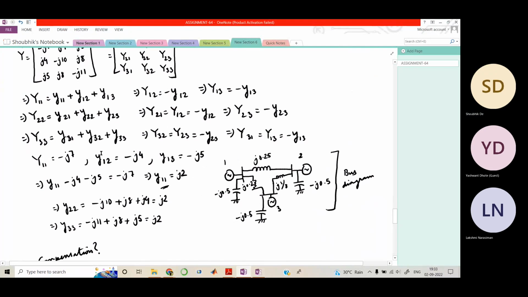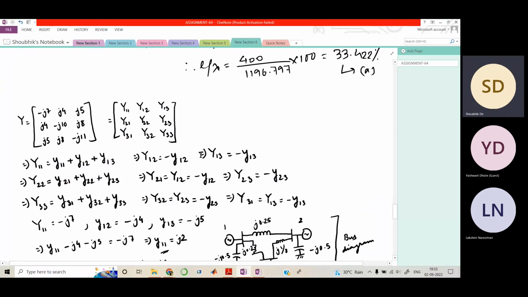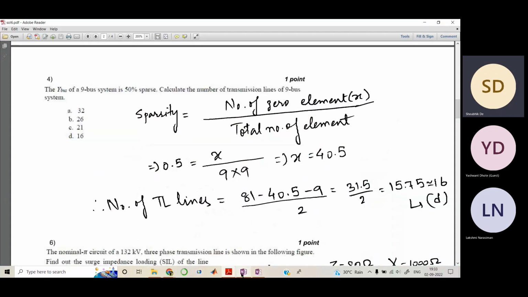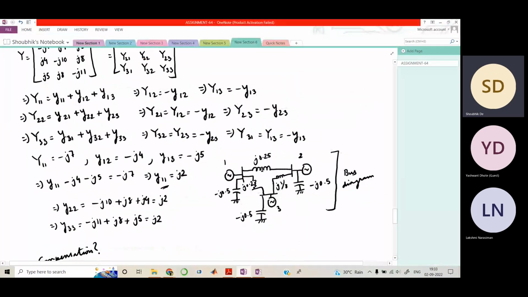These were all the impedances that we drew here. This is a transmission line, and then this is also a transmission line.